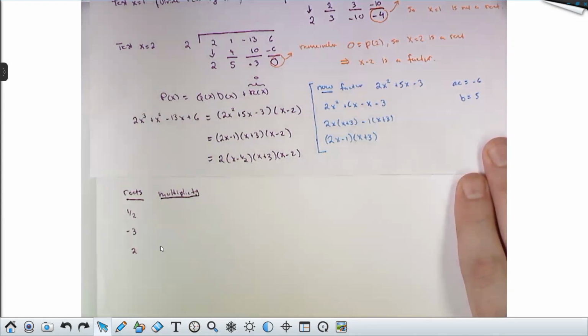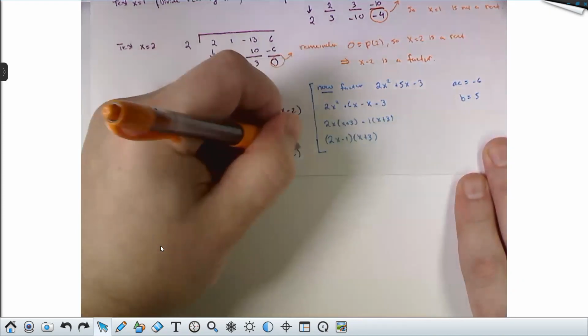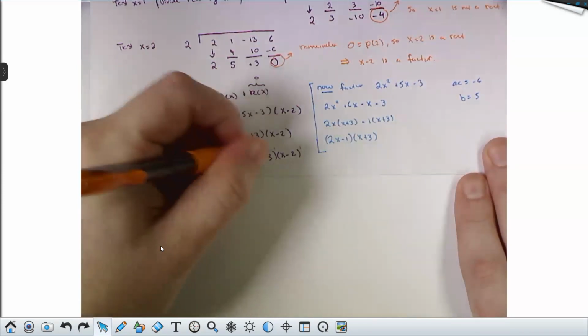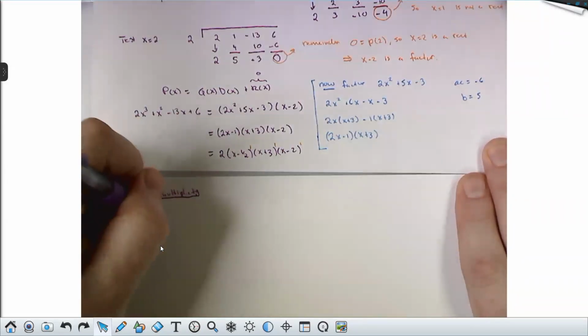Remember, multiplicity is the power of the factor. Each one of these factors has exponent 1, so each one of these has multiplicity 1.